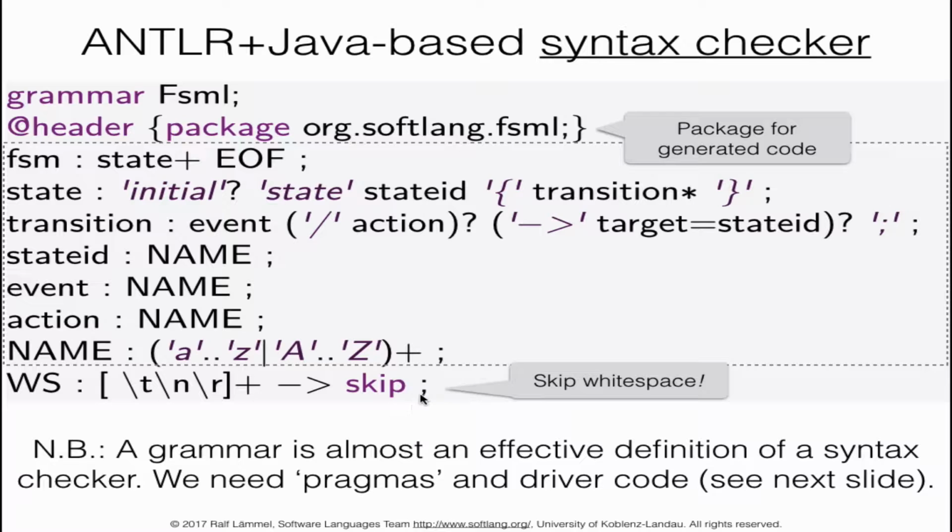And here we touch the directive skip or in action, which basically means they are going to be skipped already along parsing, so we never have to deal with white space non-terminals up here. Okay, so this is essentially our effective definition of the textual syntax.